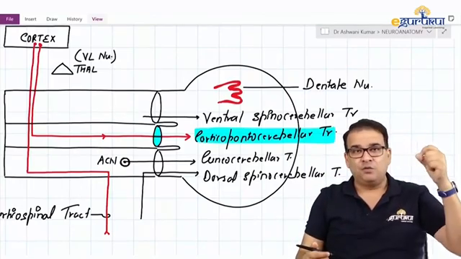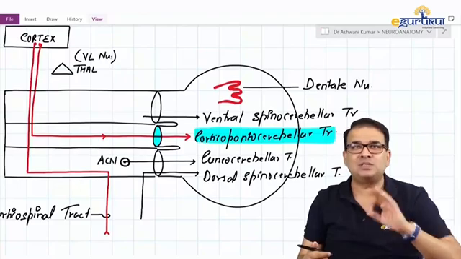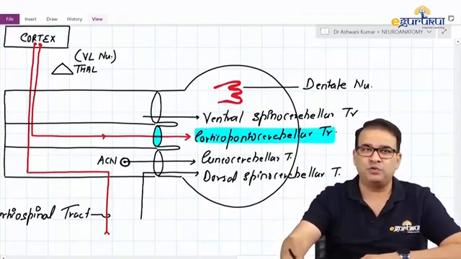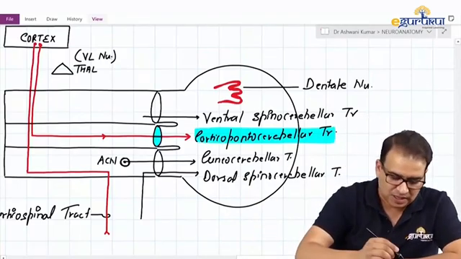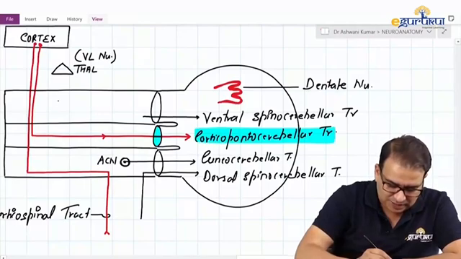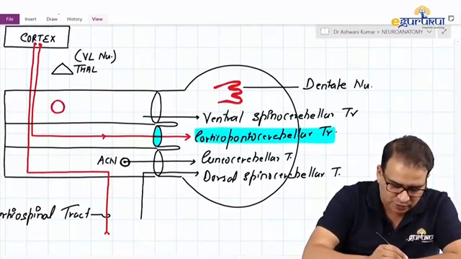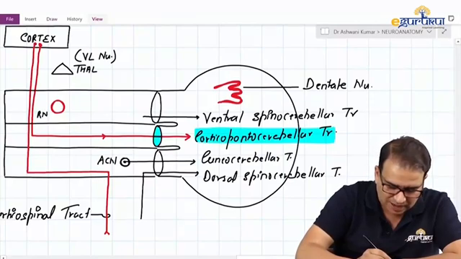Okay. Now VL, the ventrolateral nucleus, is about the cerebellum. The tracts coming from the cerebellum will go into VL. And let's say this here is the red nucleus of the contralateral side. I'm writing RN, that is red nucleus.